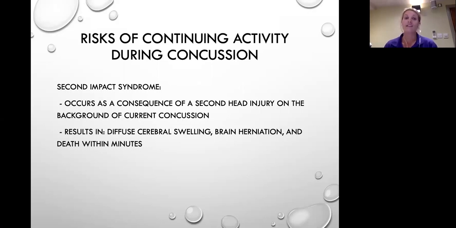So it's quite a significant consequence of concussion, that while being rare, is something that everyone needs to be really aware of. And if you've got a patient that's being difficult about sticking to the protocol, often going through this and explaining it to them, they normally play ball a little bit better.